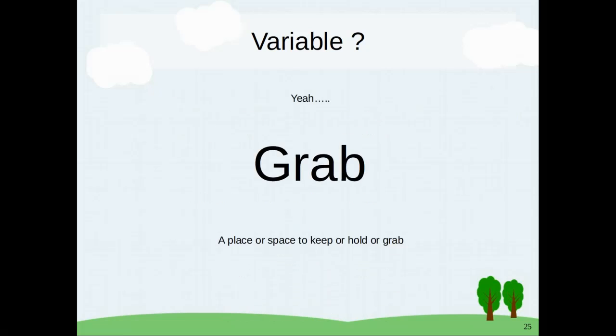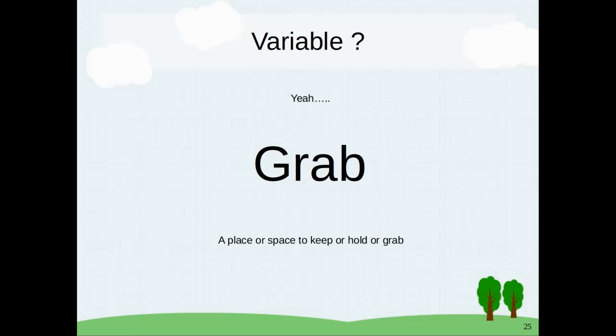So what comes up here is, if somebody is giving you something, you need to grab it, or you might need a place or a room or a space where you can keep it, right?